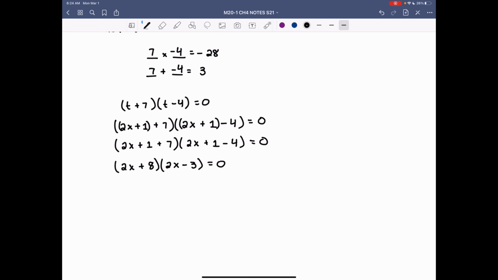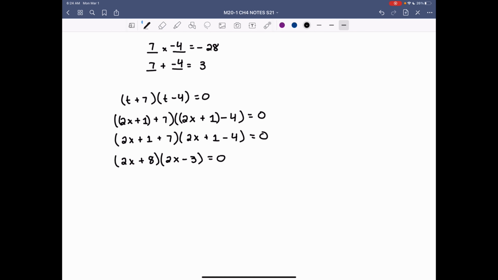Now we want to solve for x. If the product equals 0, then one of these factors has to equal 0. So when is 2x plus 8 equal to 0? Subtract 8. 2x equals negative 8. Divide by 2. x equals negative 4. When is 2x minus 3 equal to 0?